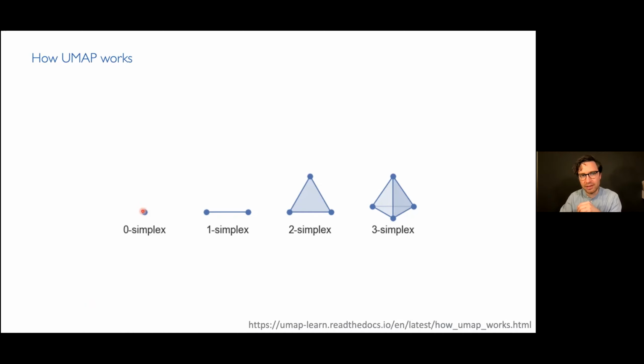A zero simplex is a point, a one simplex is a connection of two zero simplices, which is a line. Then there's a two simplex, which is a triangle, a three simplex, which is a tetrahedron. You can easily extend this concept to higher dimensions, so you can introduce a 4 simplex, 5 simplex, and so on. And these objects are rather easy to construct.